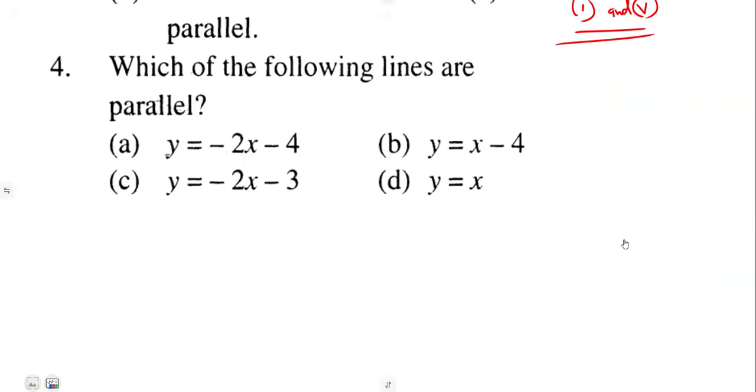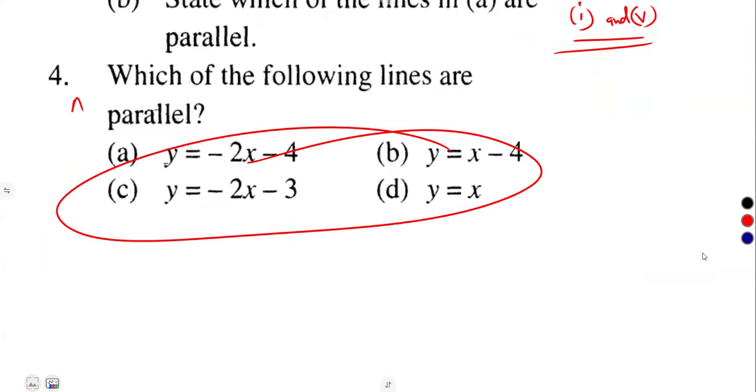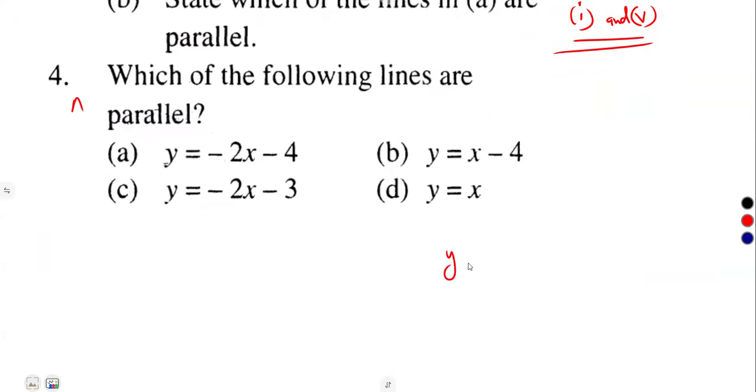Then, which of the following lines are parallel in this question? Here, what you need are the gradients. Remember, I told you, if you write the equation in the form y is equal to mx plus c, where y is the subject, m is your gradient, the coefficient of x. That was our previous class. So here we can even tell, because y is already the subject in these equations. What are the coefficients of x?